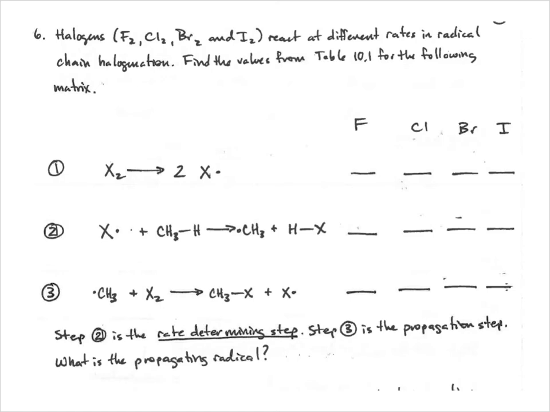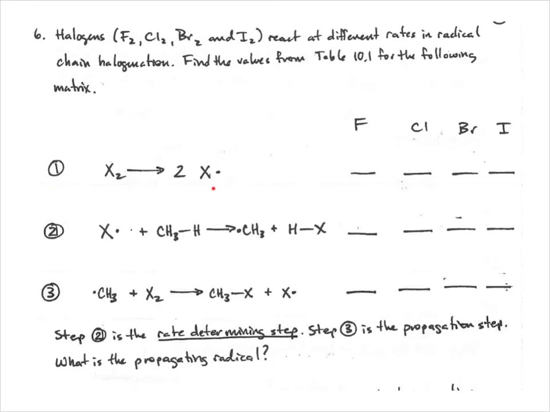Okay, so now we're moving on to problem 6. And this is a comparison of all of the halogens. That's step 1 there, X2. We're looking at all the halogen data: fluorine, chlorine, bromine, and iodine.